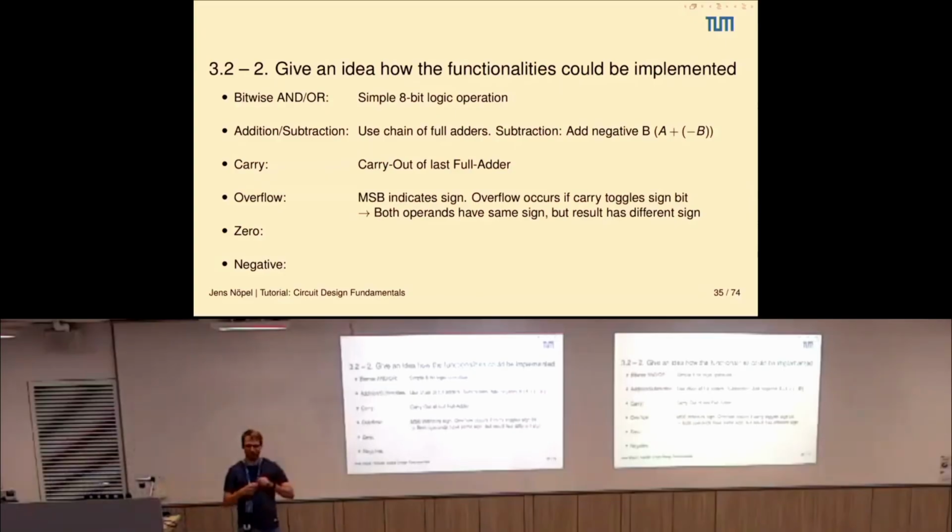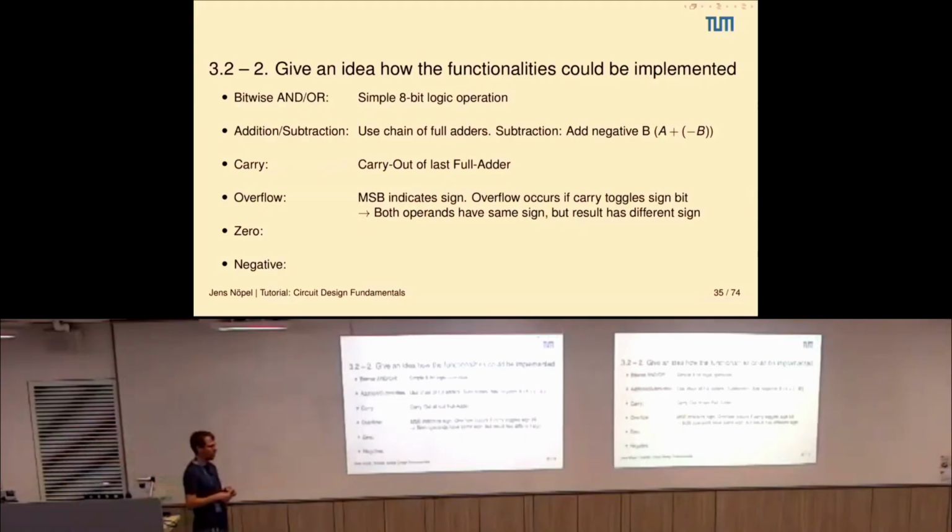I hope you've already seen how you encode negative numbers. So usually the MSB of your negative number is set to 1, and 0 if it's positive. So the MSB indicates your sign, right?